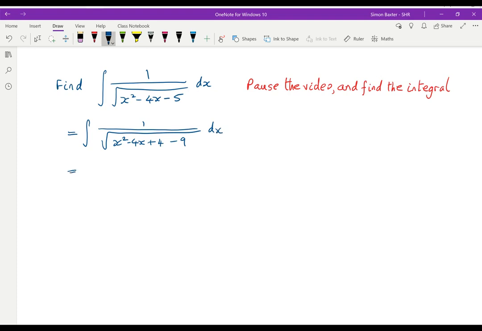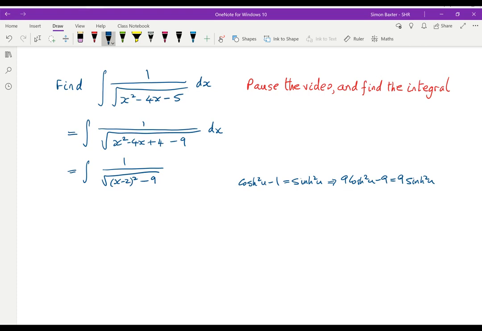This is now the integral of 1 over the square root of x minus 2 squared minus 9. So this time, we want to think of cosh squared u minus 1 is sinh squared. And so 9 cosh squared u minus 9 is 9 sinh squared.